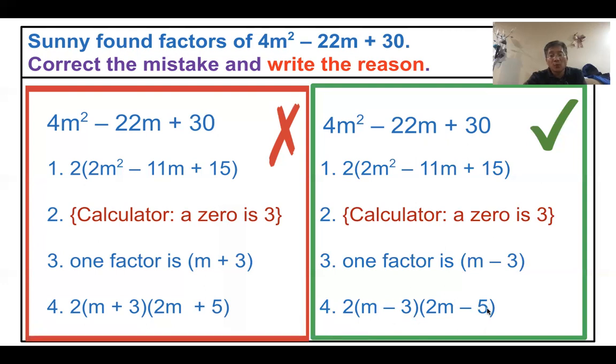Negative 3 times what is positive 15? To become positive, negative times negative becomes positive. So 3 times 5 is 15, so minus 5. Easy, right? You don't need to worry about the middle term. Later, if you FOIL it and then combine like terms, you get the minus 11m. But you don't need to worry about it when you use the Kim's method.